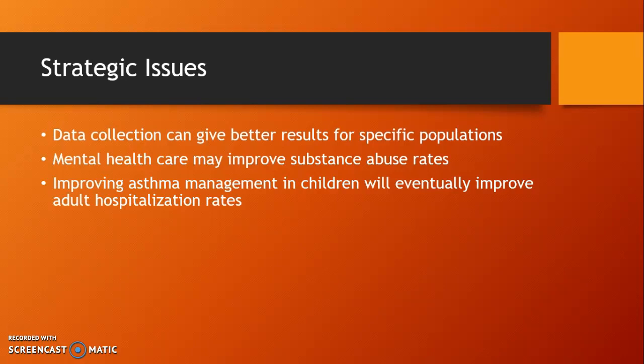And as the management improves in the children, you'll eventually see adult hospitalization rates improve. That doesn't mean that adult hospitalization rates aren't important. It just means that we have a better chance of improving both if we address children first. If we have the resources, we can address both. If we don't, we want to address children first, and then you'll see those numbers improve.